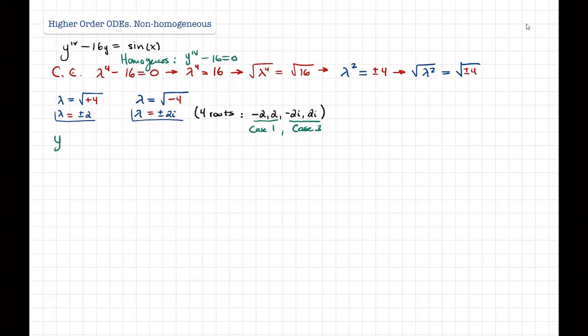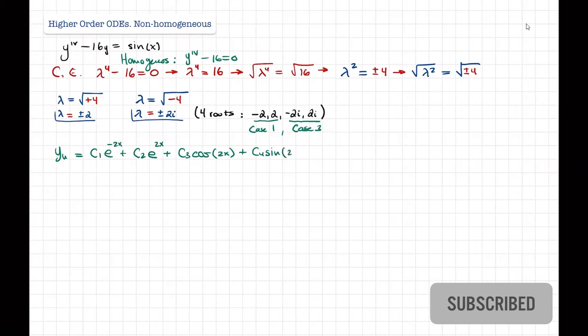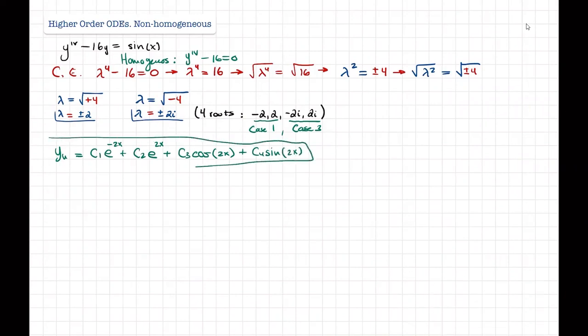My homogeneous solution, y of h, equals c1 e to the negative 2x plus c2 e to the 2x plus c3 cosine of 2x plus c4 sine of 2x. And this is my homogeneous solution.